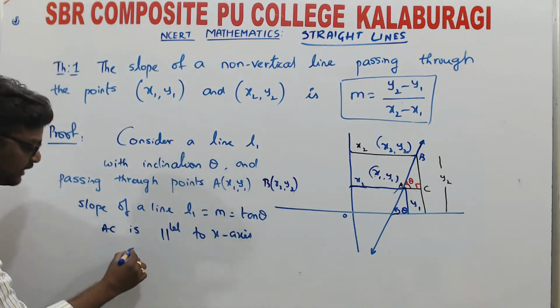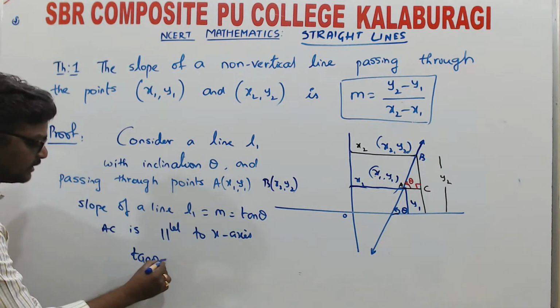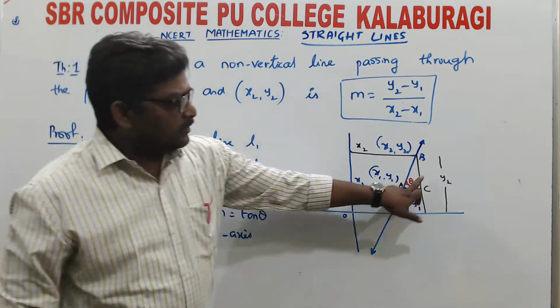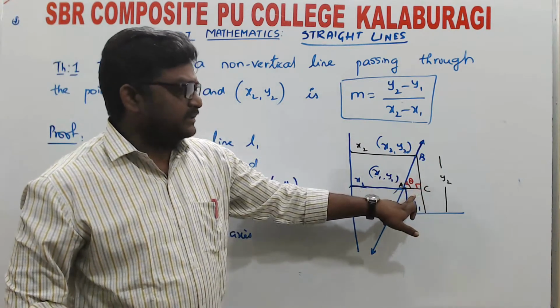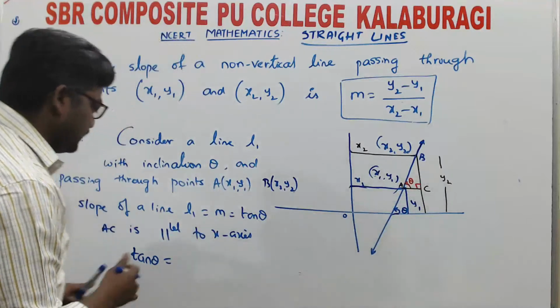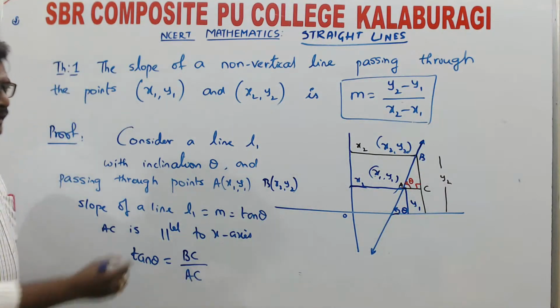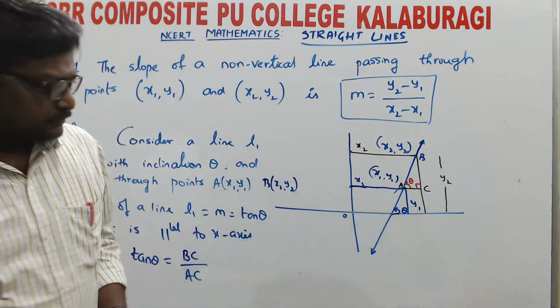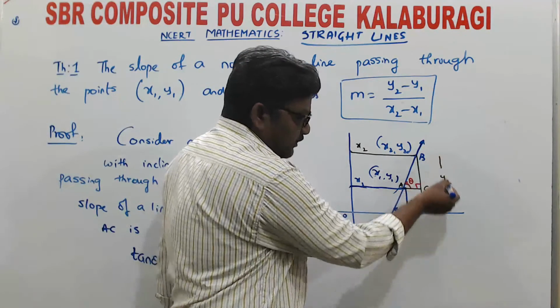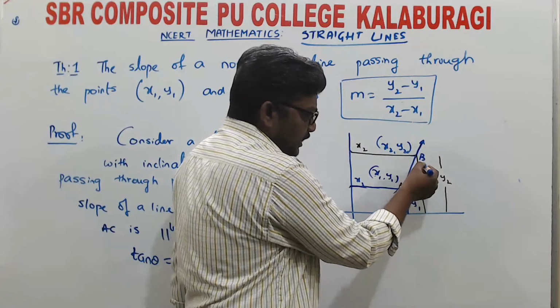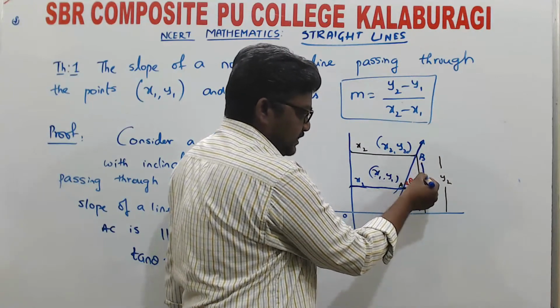Now inclination, slope of a line is m equals tan theta. By definition, we can write tan theta equals opposite side by adjacent side. Therefore, BC divided by AC. If you see the diagram, this is y1, total we are having y2. I want only this BC.